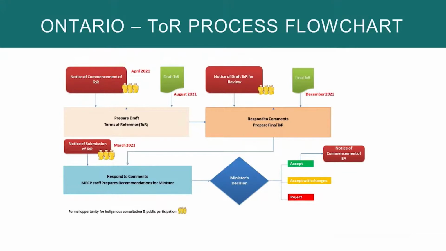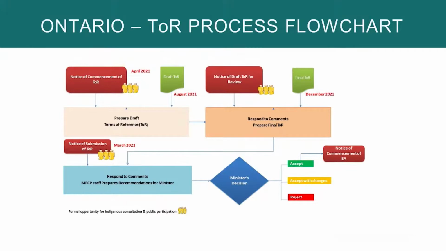There is an opportunity for public input on that draft, and then there's a notice of the draft terms of reference for review, more public input, then a notice of submission of the ToR, and once the final ToR is prepared, it goes to the MECP for their review and comments. Then the MECP prepares recommendations for the minister, and then they render a decision.